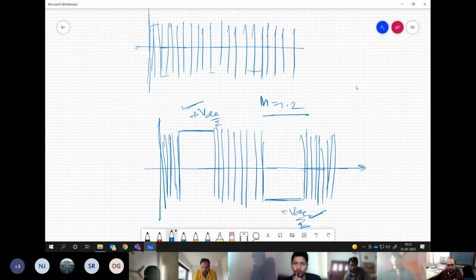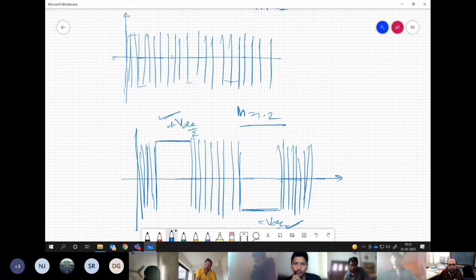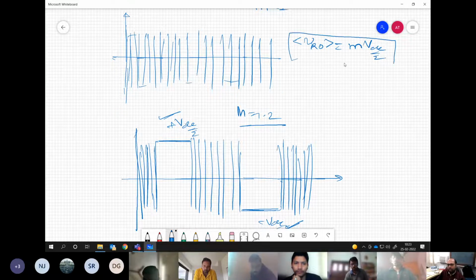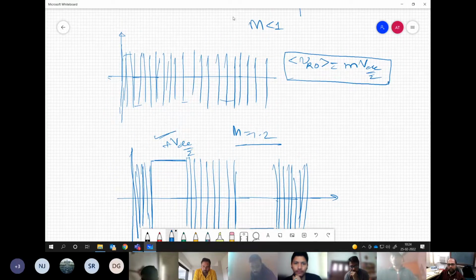When you are having intersection everywhere and pulses everywhere, you are sure that you are trying to realize the VRO average as M times VDC by 2. Because everywhere you are trying to realize some voltage level. And so this relationship is intact. So this range of modulation index, when you are between 0 and 1, is called linear modulation.